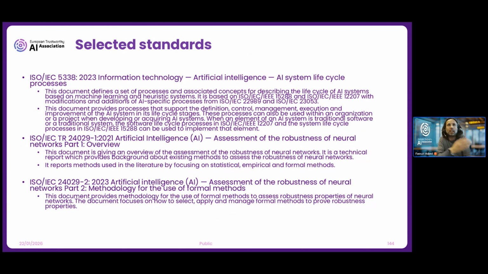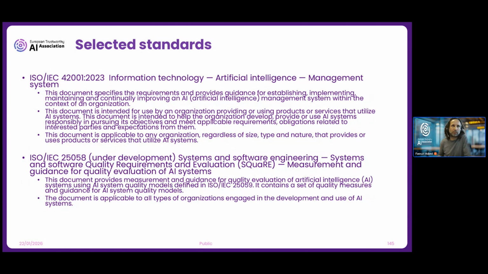For example, the AI system lifecycle process, the formal robustness part 1, and of course the second part. I give the same thing for the management system, and of course the software and system quality evaluation for systems handling AI.